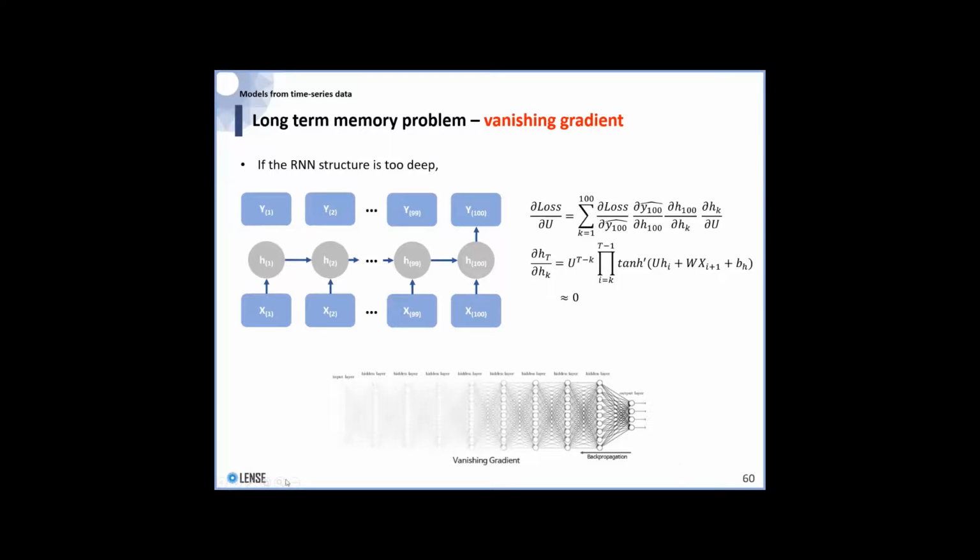So how can I train my weights here based on the loss function when the gradient says I have no effect on the output? That's the vanishing gradient problem. It exists not only in deep neural networks, but also in recurrent neural networks, because recurrent neural networks are like having many, many hidden layers.